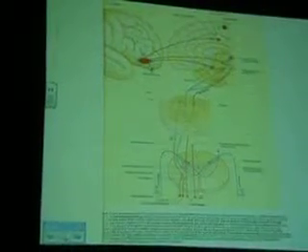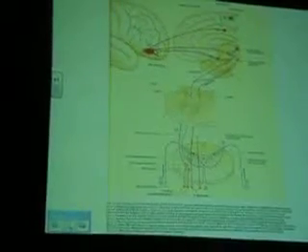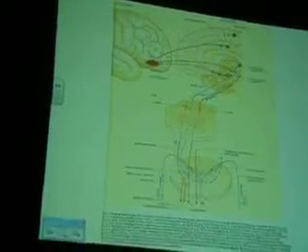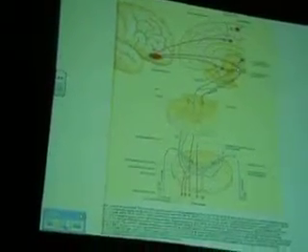Now, under normal situations, this prefrontal area will inhibit the limbic and the paracentral, the PAG periaqueductal gray there, and this preoptic nucleus, which is going to radiate there as well.